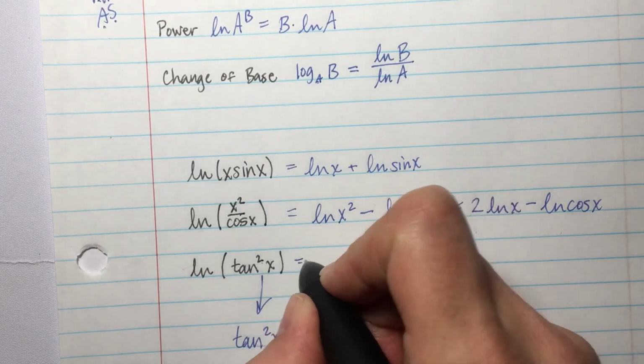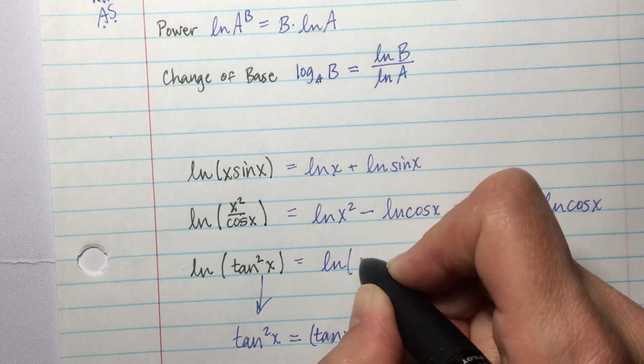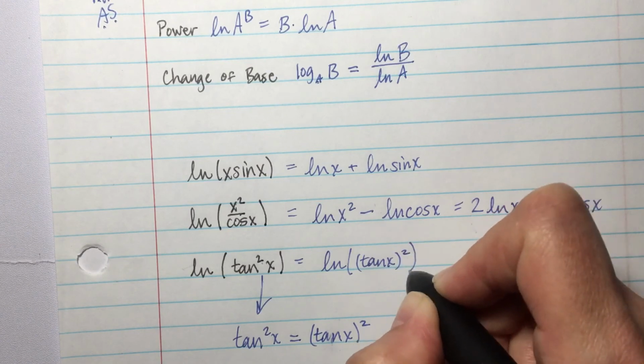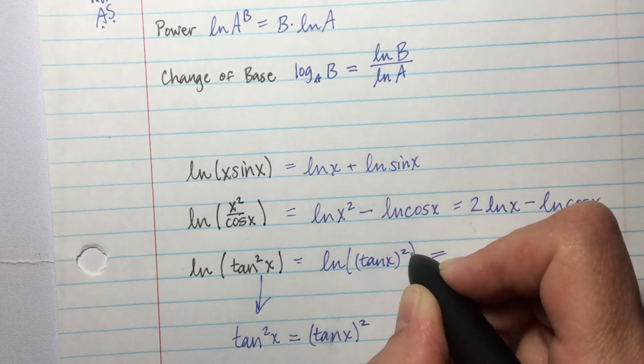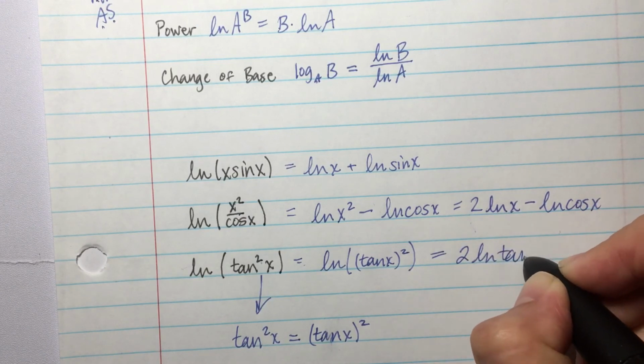So really what we're saying with that, just to make it a little easier to look at, I'm going to throw that in parentheses. So that squared can move to the front. So I have 2 natural log of tangent x.